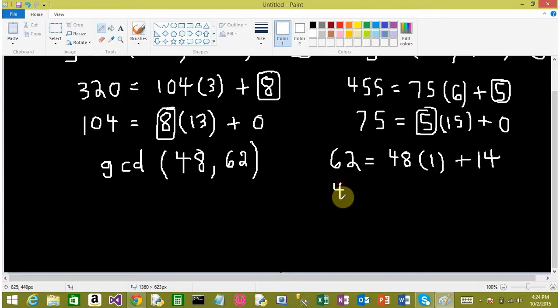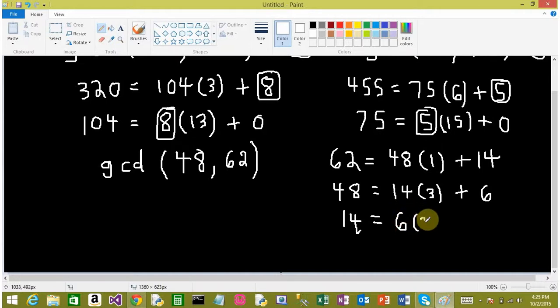Then we have 48 equals 14 times 3, which is 42, plus 6. Then we have 14 equals 6 times 2, plus 2.